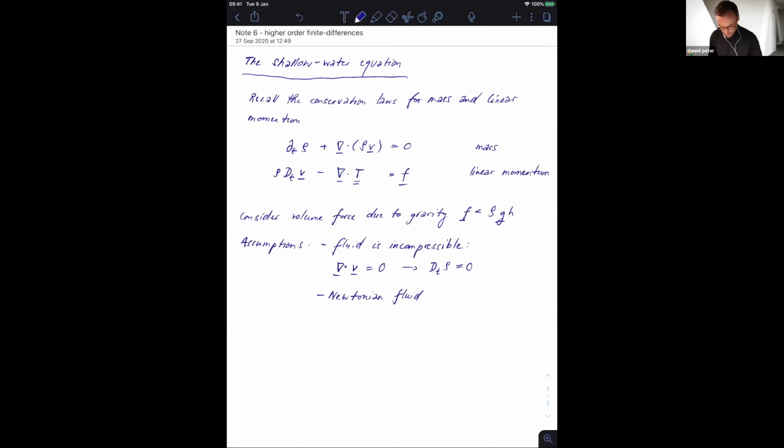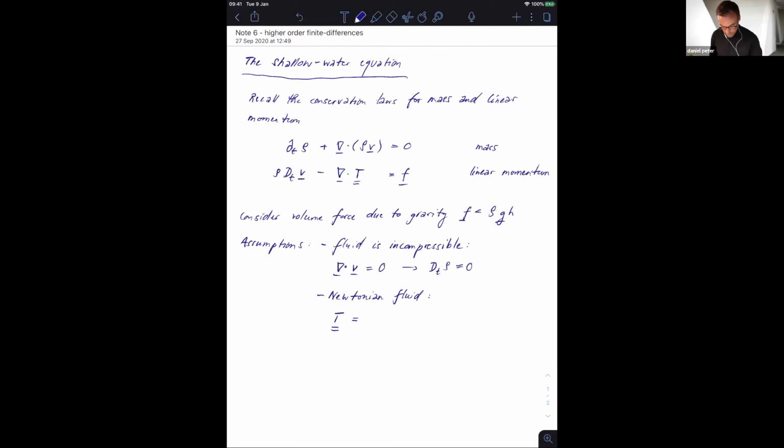And so a Newtonian fluid can be written where the stress is a sum of a hydrostatic pressure stress plus a stress which is due to the viscosity of the fluid.